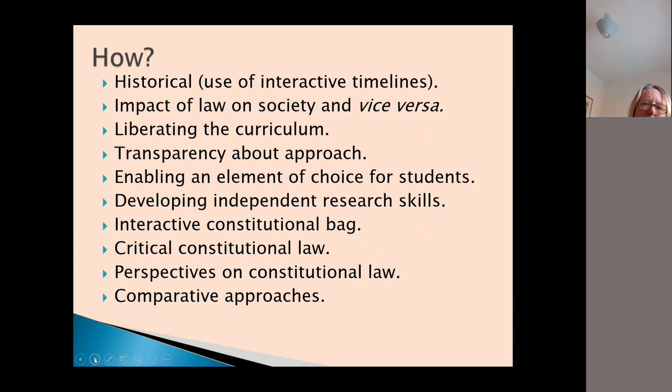So we've achieved this by developing a number of resources, and the first one has been the use of interactive timelines, enabling students to explore and filter those timelines. So, for example, they can filter by nation or by constitutional statute to find the information, and then look at historically how that has developed.